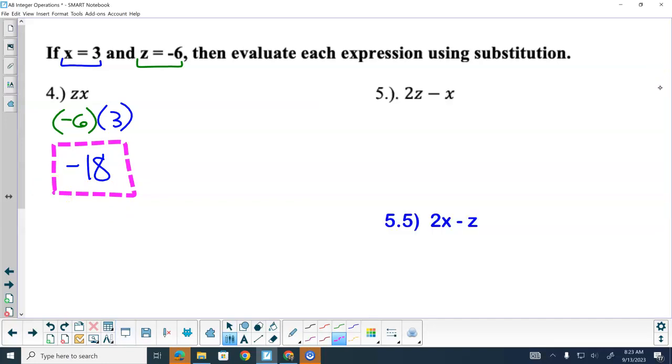Now you do me 2z minus x and 2x minus z. The 2x minus z you might have to add in off to the side.